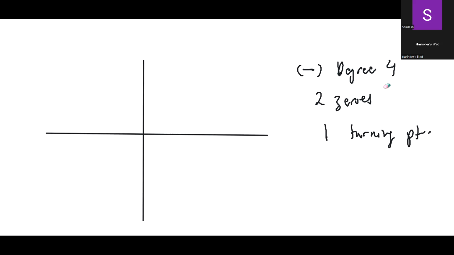Negative polynomial means, well, you know what to do. It's going to open downwards. It's going to have 2 zeros and 1 turning point. Try drawing it, see what it could potentially look like.